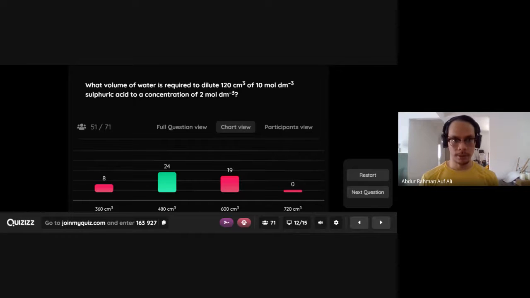Oh my bad, silap. M1 is 10 mole per dm cubic. Volume 1 is 120 centimeter cubic. M2 and V2, dia bagi M2 saja, so dia suruh cari volume. M2 is 2 mole per decimeter cubic.